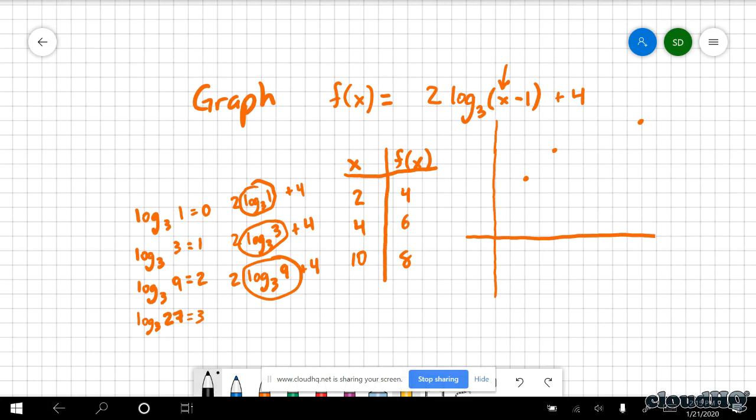Is it not supposed to be 8? Let's see. When we plugged in 10, which gave us a 9 there, log base 3 of 9 is 2. Right? So we have 2 times 2. Because log base 3 of 9, that becomes a 2. So 2 times 2 is 4 plus 4. That's the 8.